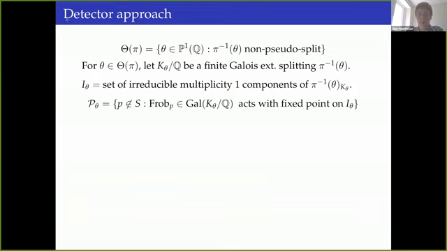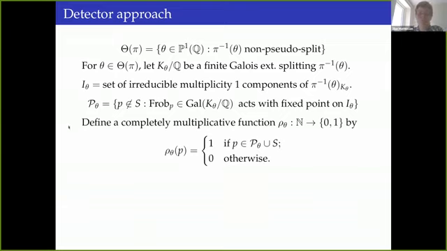So to construct a detector, we construct certain completely multiplicative functions which at primes take values given by the indicator function of a certain set of primes, which is a set of primes at which the Frobenius element in a suitable extension acts with a fixed point on irreducible components of multiplicity 1.